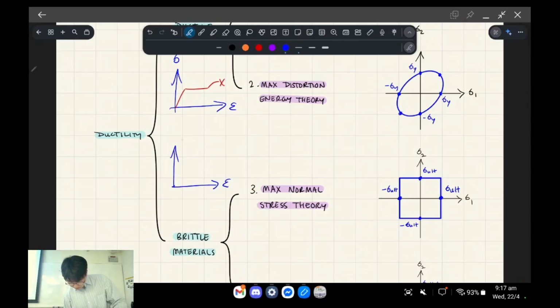For a brittle material, it might look something more like that, with a very, very small plastic region before it snaps. Examples of brittle materials would be concrete, timber in tension, glass, I guess. Usually ceramics and even composite materials like carbon fiber are brittle, okay?